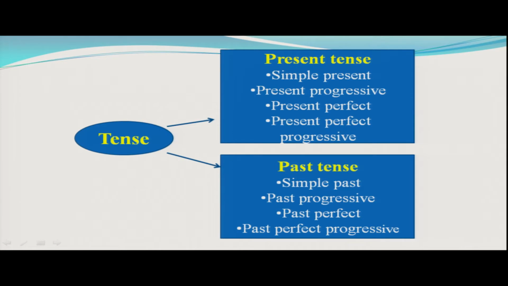Present tense is divided into four categories: simple present, present progressive, present perfect, present perfect progressive. And then past tense has four categories: simple past, past progressive, past perfect, and past perfect progressive.